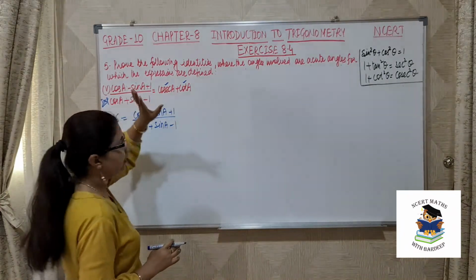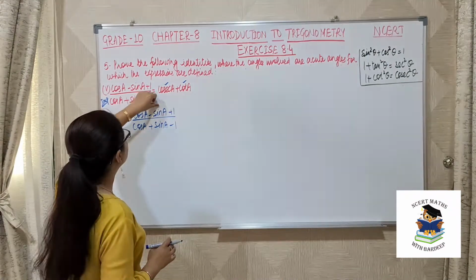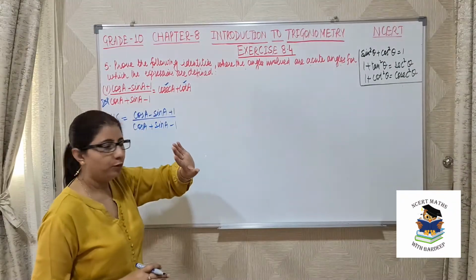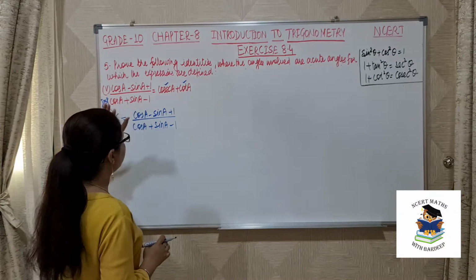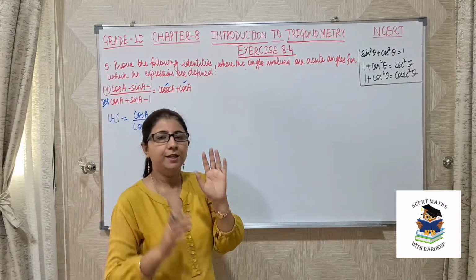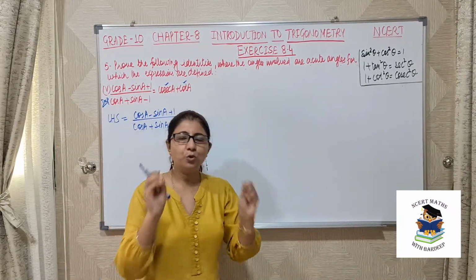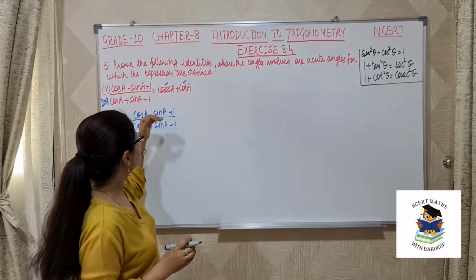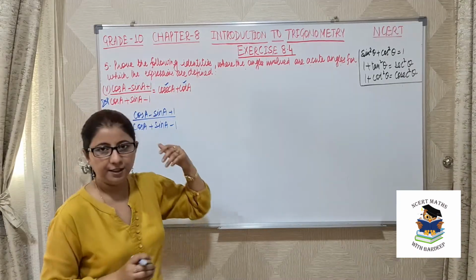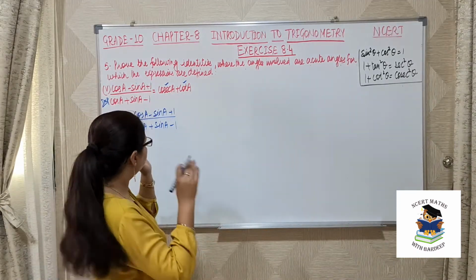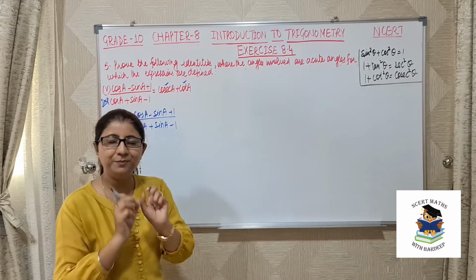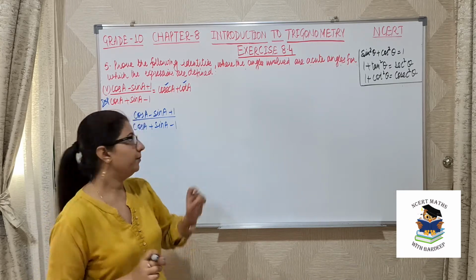So 1 by sin A can give me cosecant A. Sin A by sin A will be 1 and cos A by sin A will give me cot A. So I can have at least those terms in numerator and denominator which I need. Not in the same format, but at least those terms will be visible.